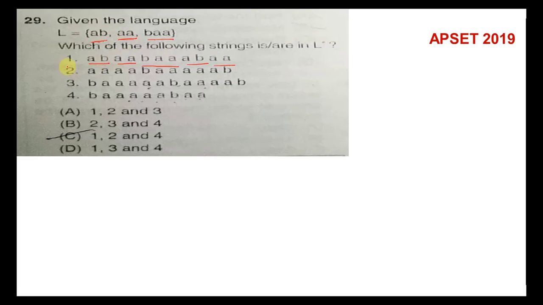So option A is right. In the second option, AA matches the second string, then BAA matches the third, then AA matches the second, and AB matches the first. So option 2 is also right.